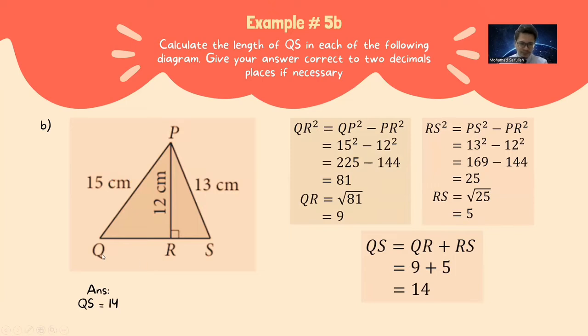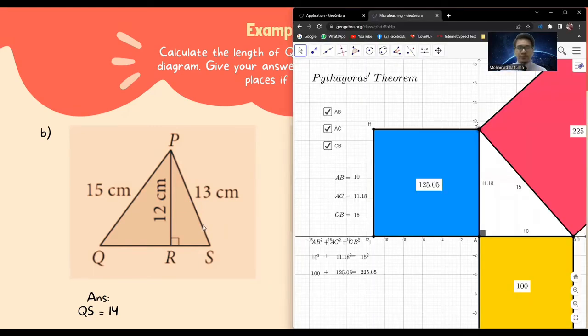So, it is the same as the previous example. What you need to find is QS. In order to find QS, you need to find the value of QR and RS. So we just need to put the values here in our teaching aid in order to find QR and RS.